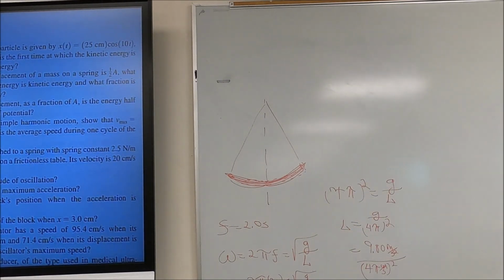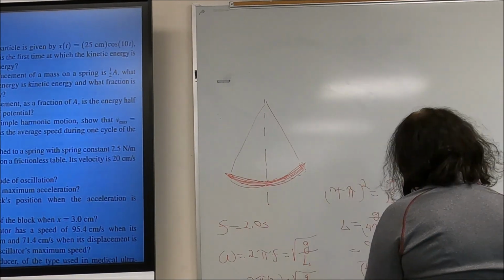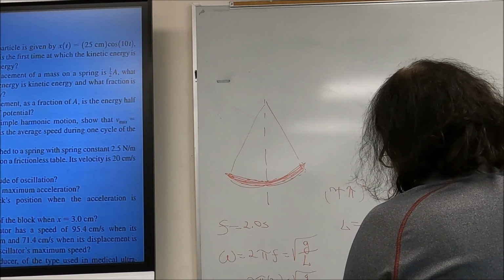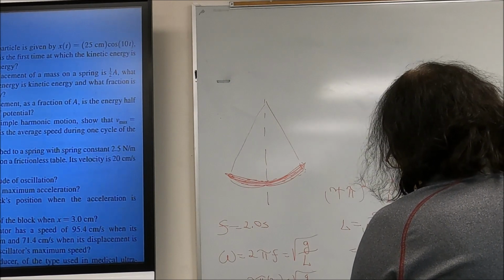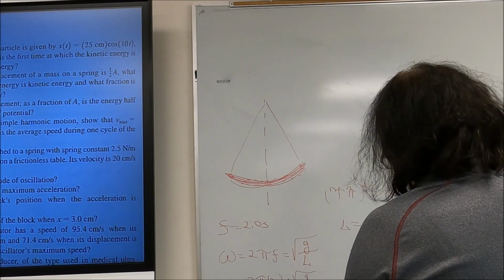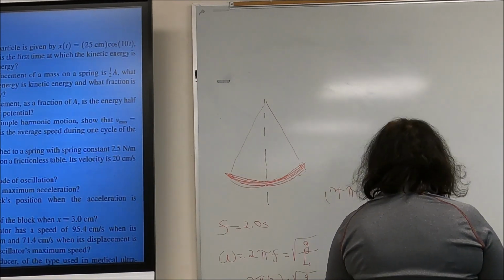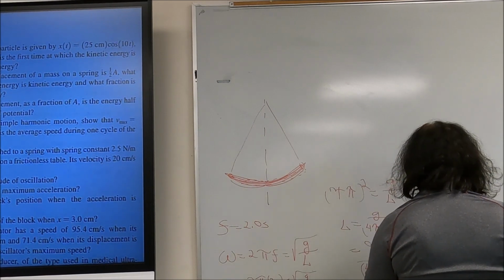So 9.8 divided by 4 squared, let's see, well, 4 squared times pi, no, 4 times pi squared, and then I go 1 over that times 9.80, and I get, hold on, 4 times pi squared, okay, 1 over that times 9.8, and I get a length of the pendulum here of 0.062 meters.